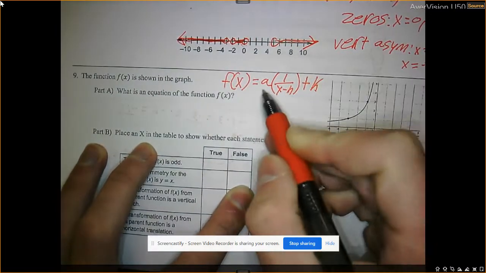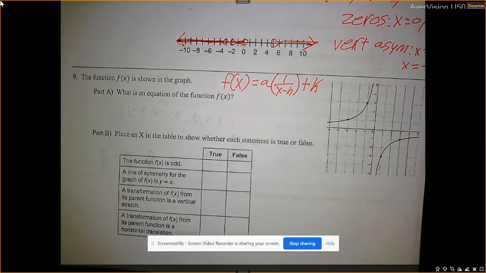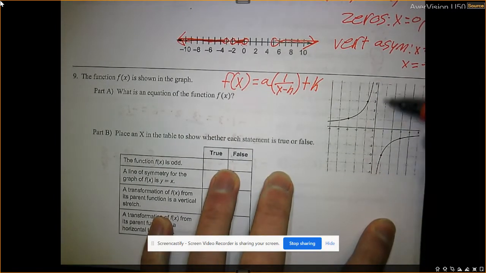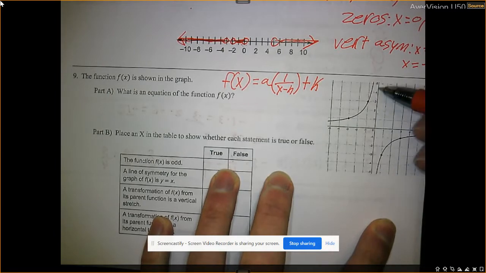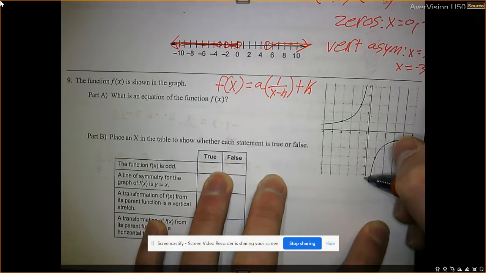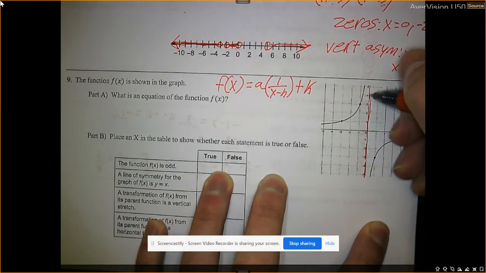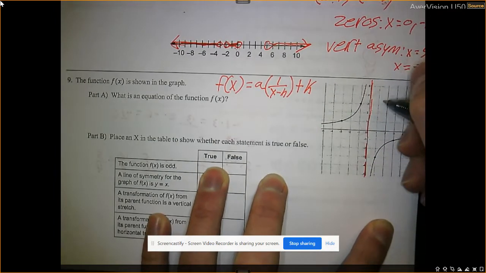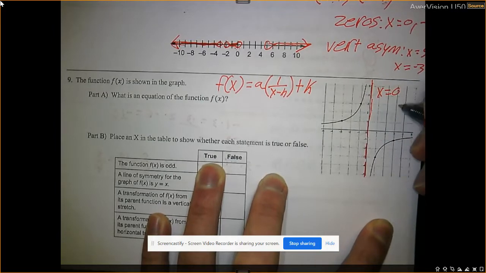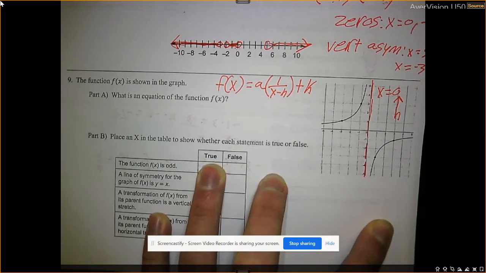And we have our friends a, h, and k that we've been dealing with for quite some time now. Remember, our vertical asymptote is our h. Look, our vertical asymptote is the y-axis here, so if you really want, you can even draw it in. Our vertical asymptote is x equals 0, and that 0 is our h.